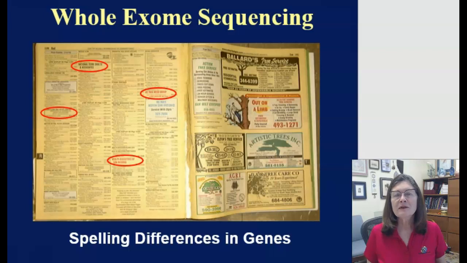But it doesn't tell you the spelling difference of the entire genome, it's only the genes. So it's like doing a spell check on just these circled regions, selected areas throughout the genome. So it's not all of the genome, it's what's considered the most important parts of the genome. But again, it's not the whole genome.